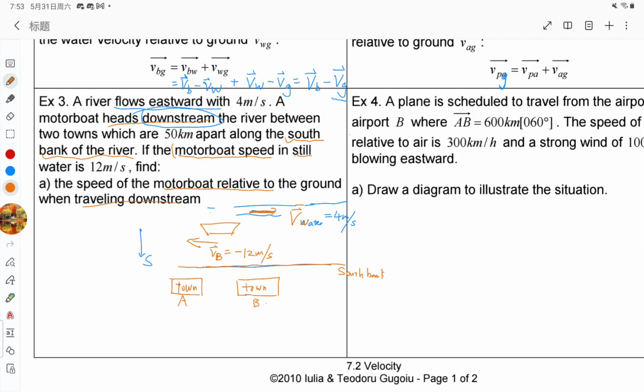Yeah, I think the definition is a little bit messy here, right? The definition here. Okay, let's see what's going on here.